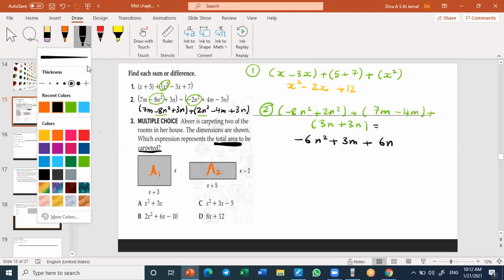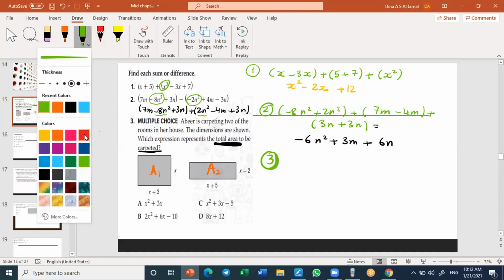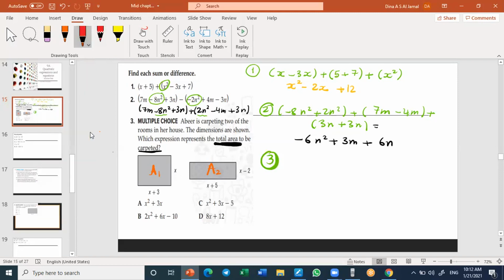So now you have room 1 and room 2. You must pay attention that you need to find the area of the rectangle, and the area is length by width. So let's look at area 1 at the beginning.